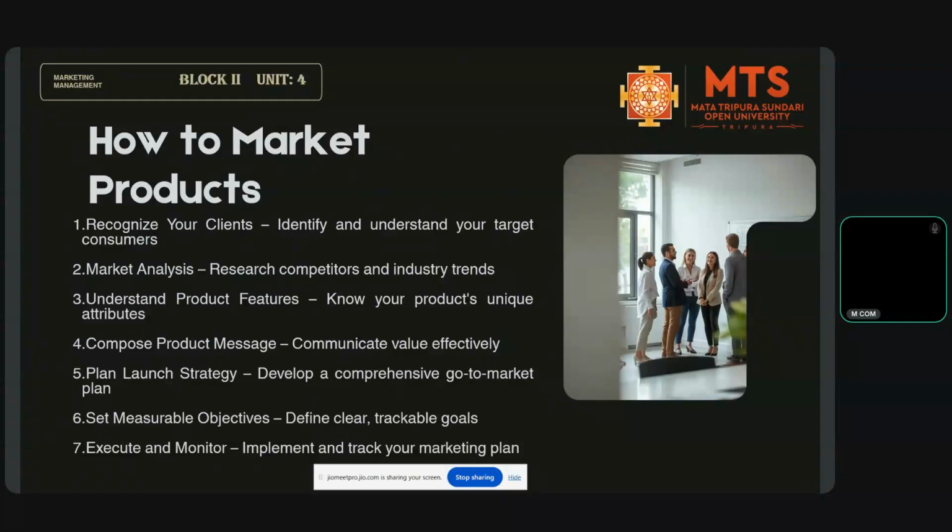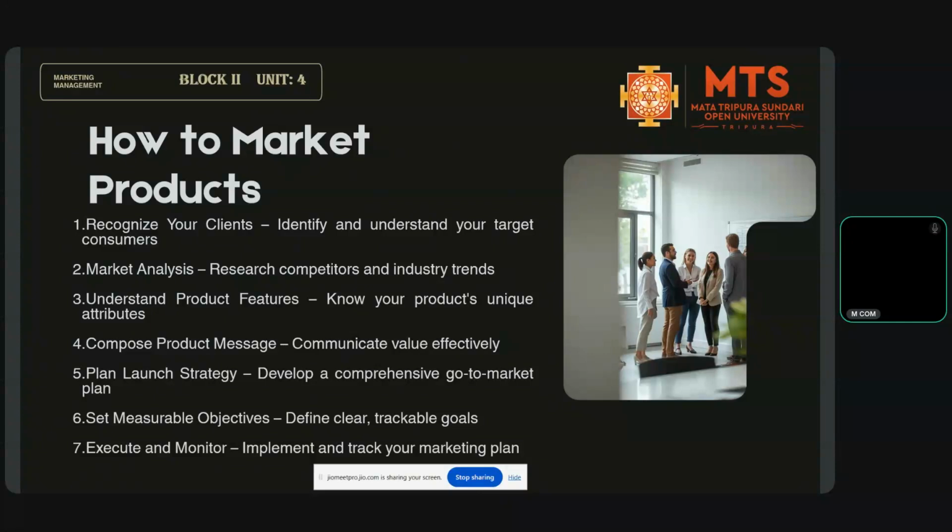And then plan launch strategy. Before launching, these four steps we have gone through should be followed, to better know the market, develop a good strategy, and understand the competitors, your product features, and the difference between your product features and your competitors', that is attributes or characteristics.